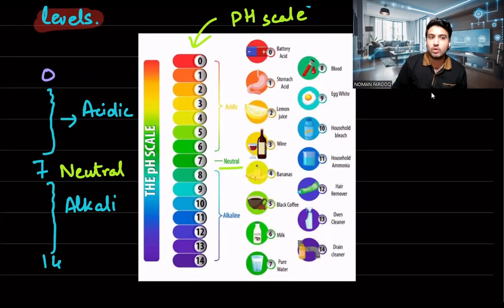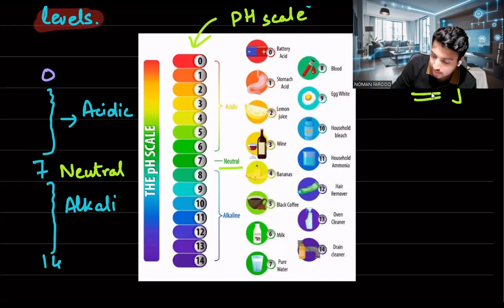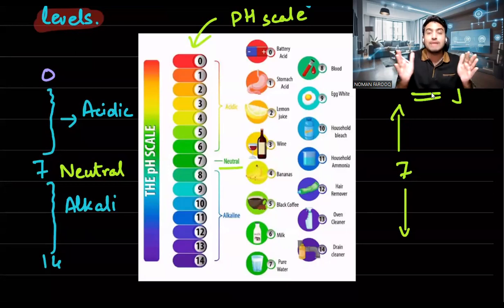Okay, so the strength of acid or strength of alkali increases when we go away from 7. If it is 0, 1, 2, it represents a strong acid, as it is in the range of acidic solutions.